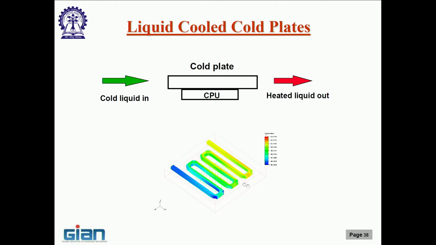It can be parallel channels as well with an inlet and outlet plenum, or it can be one inlet, then a serpentine path inside, and then the liquid comes out from an outlet. Essentially, a cold liquid comes in, a hot liquid goes out, because the heat dissipated by the CPU is picked up by this liquid.